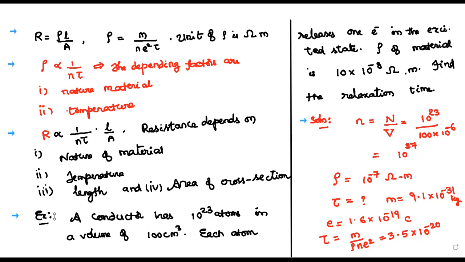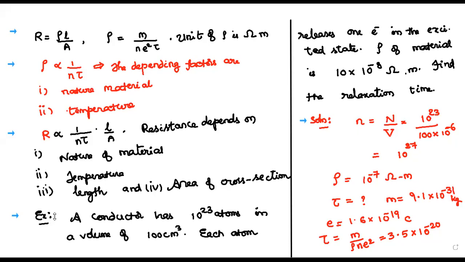9 into 10 power minus 31 upon, this is rho. Rho is 10 power minus 7. 1.6 into 10 power minus 38 into 1.6. 19 twos are 38. n is 10 power 27. 27 minus 7, 20. 20 means 18.